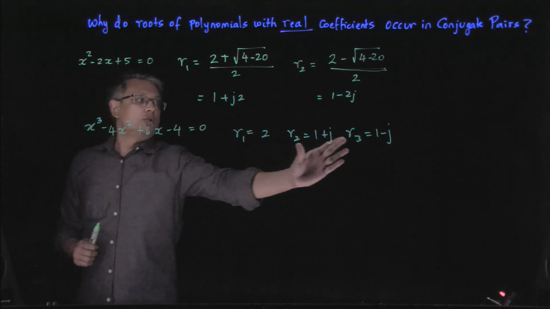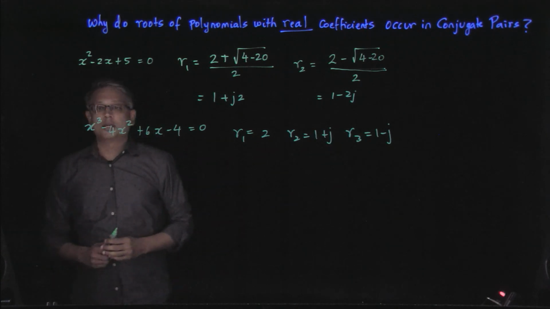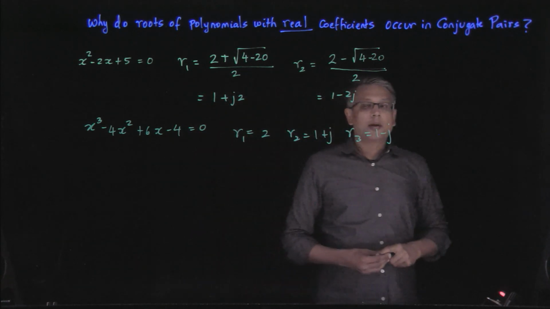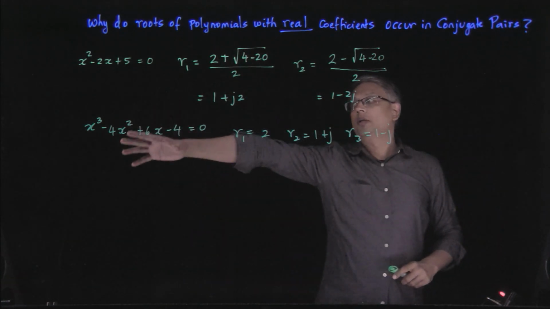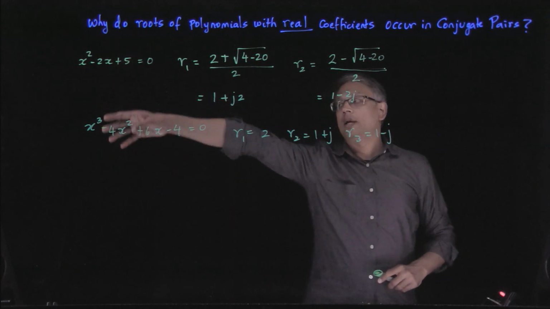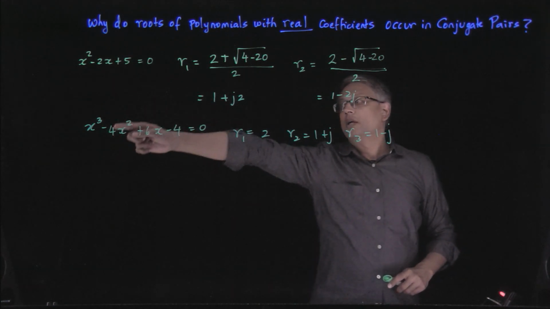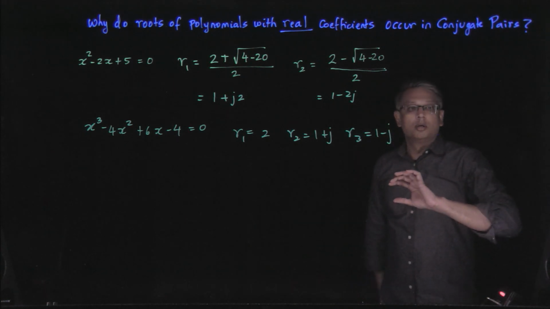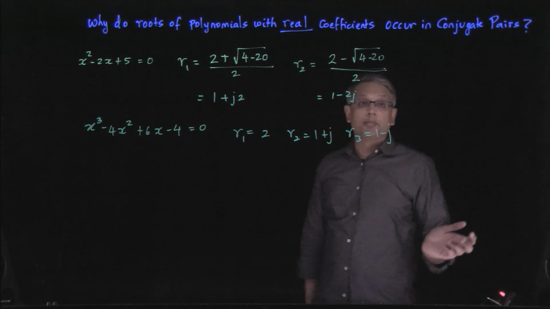And you can see that these two roots occur as conjugate pairs. What I'm going to show in this video is that for any polynomial, not just a quadratic or a cubic, as long as the coefficients in the polynomial are real, roots will always have to occur in complex conjugate pairs.